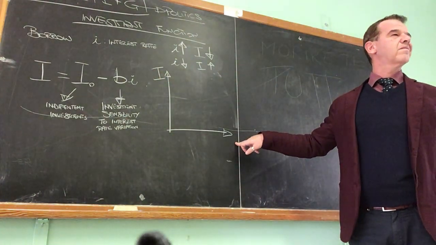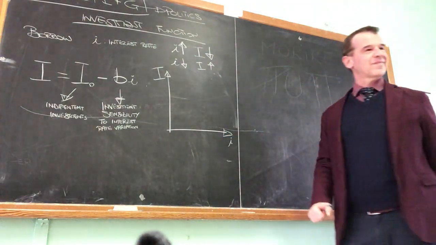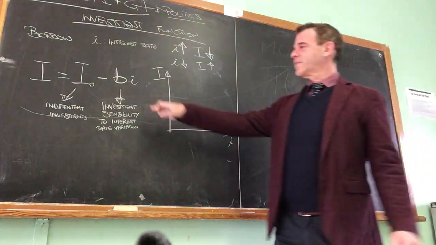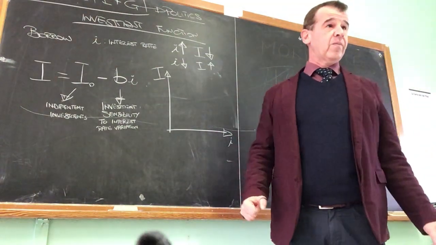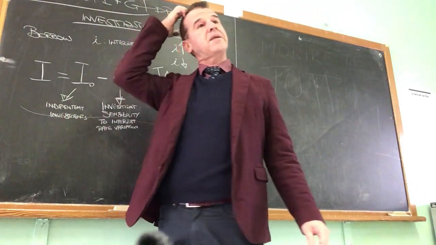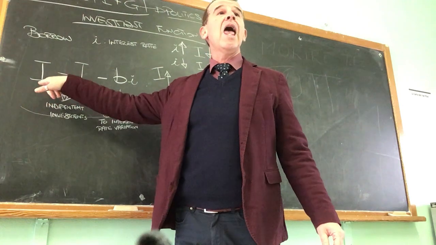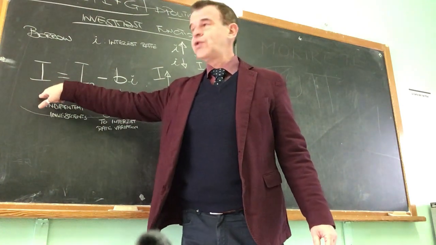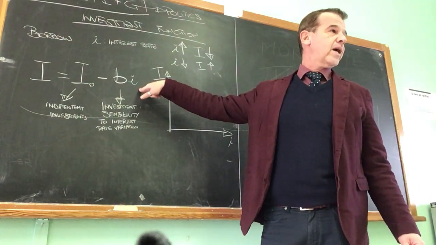I. So, little i is the independent variable, and big I is the dependent variable, because this function is telling us how the investments vary due to a variation of interest rate. Okay?